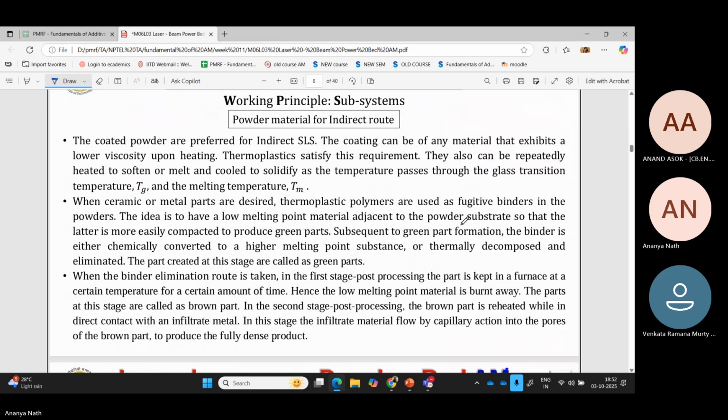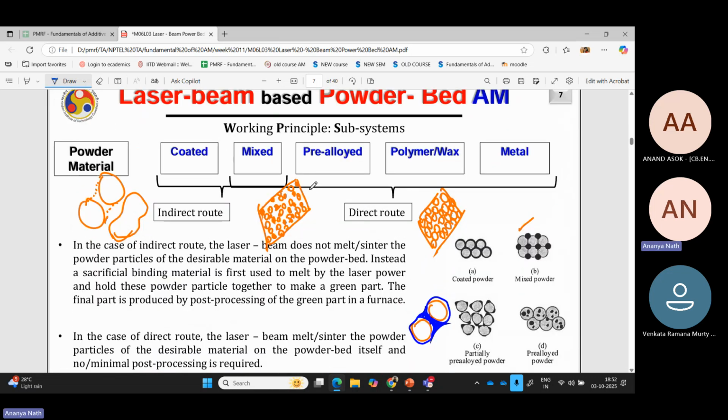So it says that coated and mixed are the indirect route, whereas the mixed, pre-alloyed polymer, wax and metal have the direct route. So coated and mixed, it's nothing but you are sintering it, or melting it, depending upon the application. If you need a metal matrix composite, you can mix the two powders together.